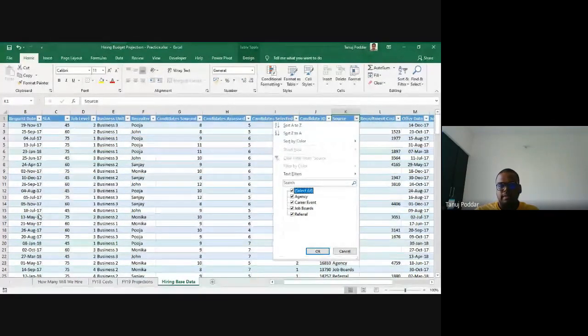So some portion of that CTC is what I'm taking as a fee. This is the kind of model that an agency, an external recruiting firm, can have.